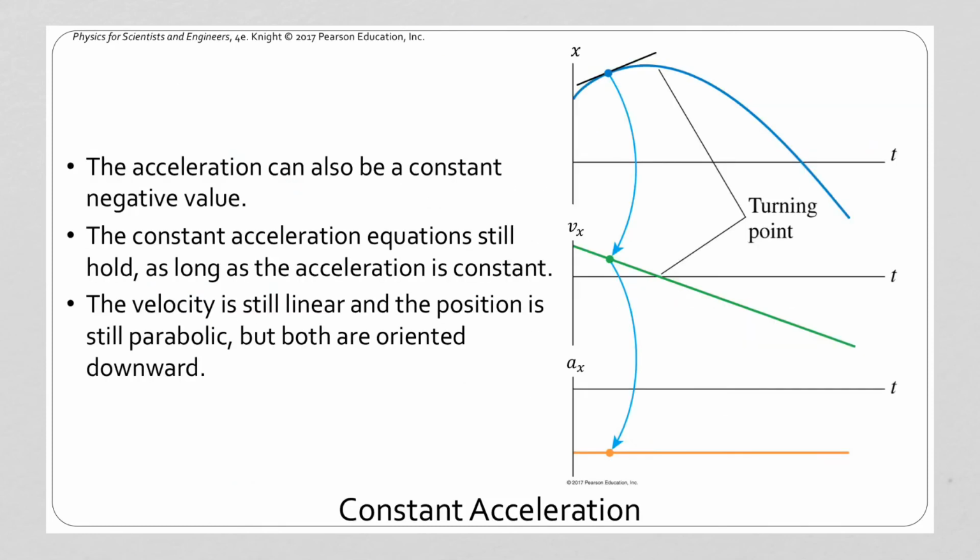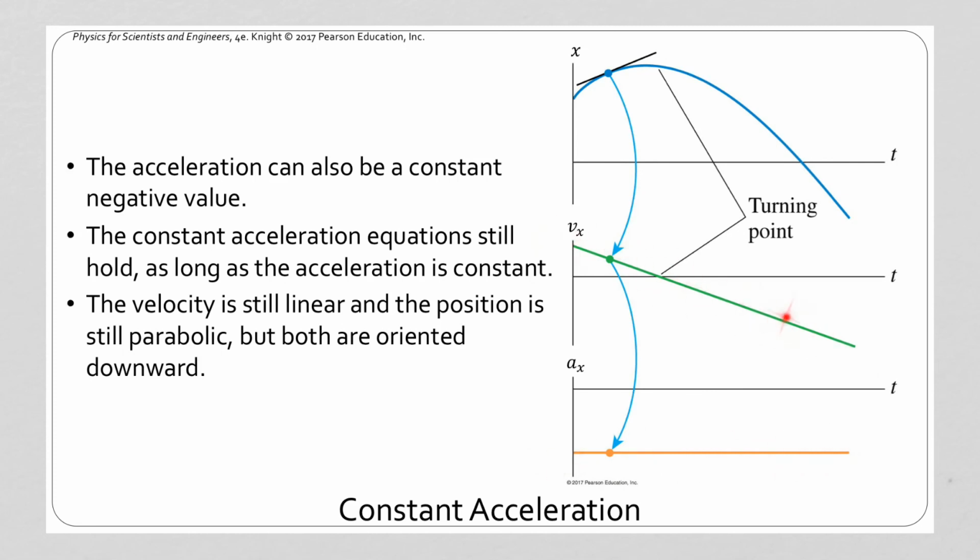Thus far, what is assumed is a positive velocity, positive acceleration. That was what we assumed to set up our equations. The equations that we used do not require that. The equations that we've used are true whether the acceleration is positive or negative. In this case, we have a negative acceleration, and a negative acceleration means a negative slope of the velocity.